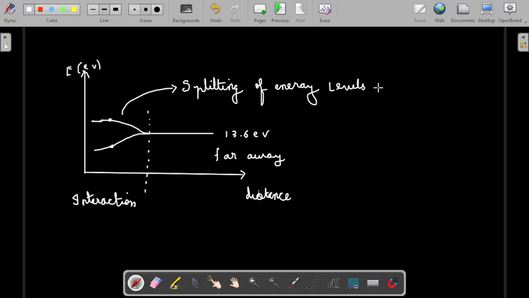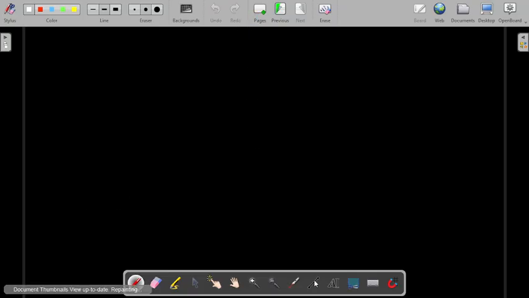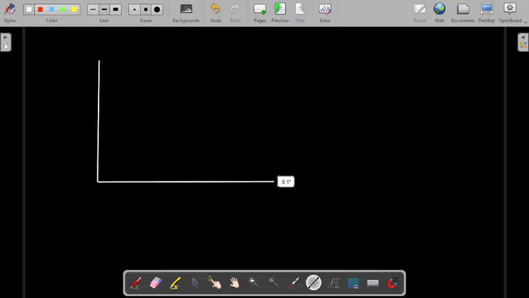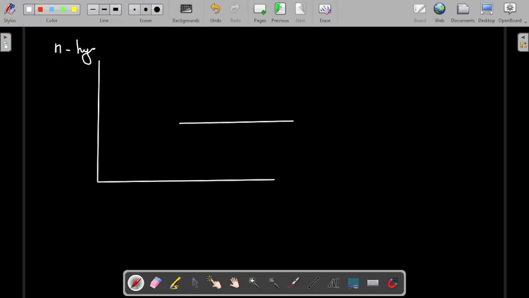I think this clearly gives an understanding of how the splitting of energy level takes place. Now let's take the case where n number of hydrogen atoms come into the picture. When they are at a far distance, nothing will happen. When n hydrogen atoms come into interaction, energy splitting will take place.